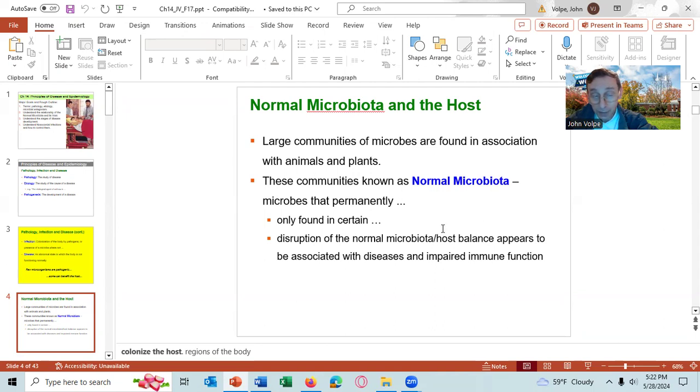And usually it reestablishes itself pretty quickly, and then the diarrhea and the constipation usually quickly go away. Obviously, that doesn't always happen, but usually it does. And when you take antibiotics, you don't always get diarrhea or constipation, but sometimes you do. Any question about any of that?